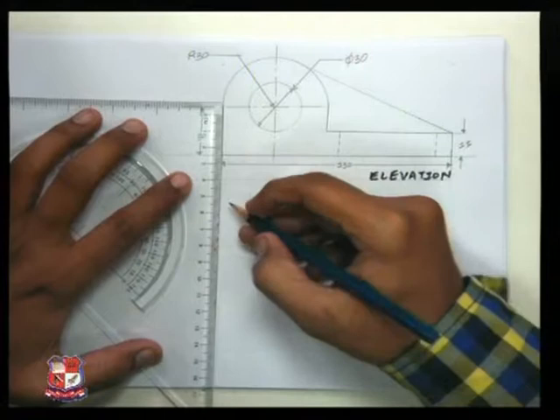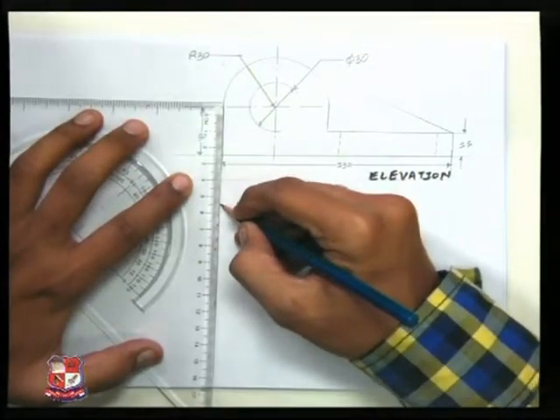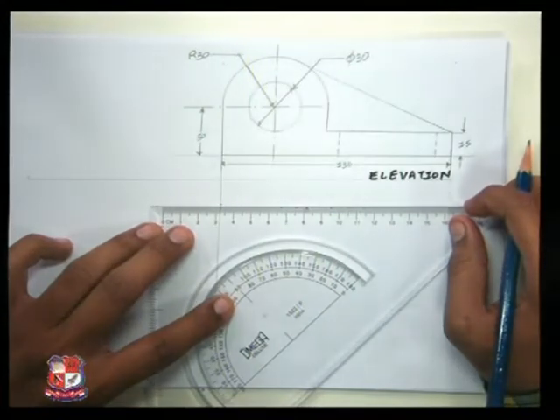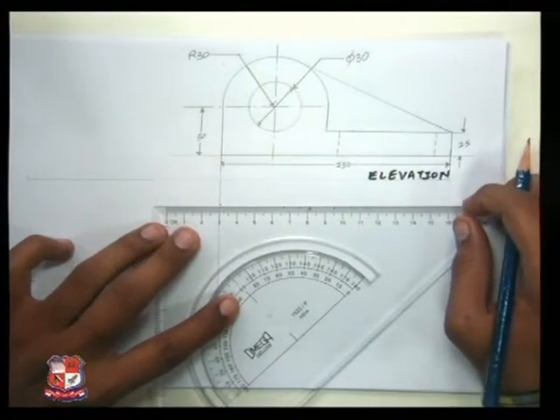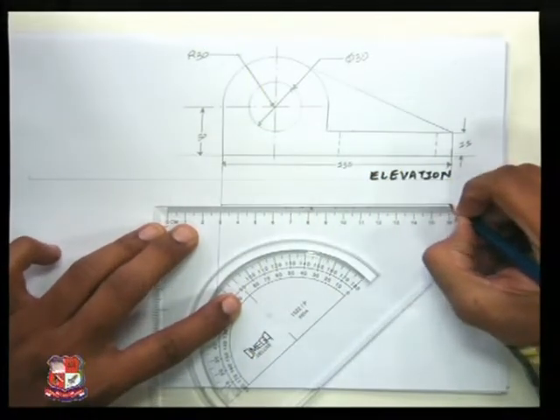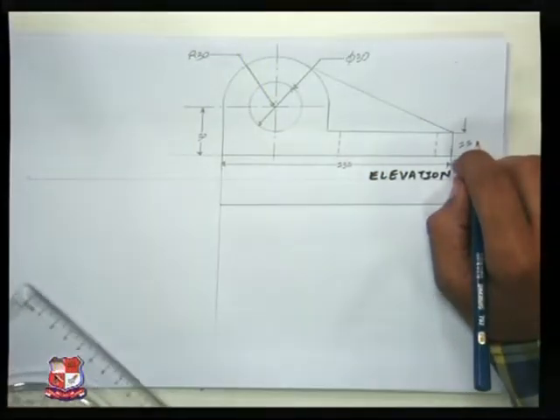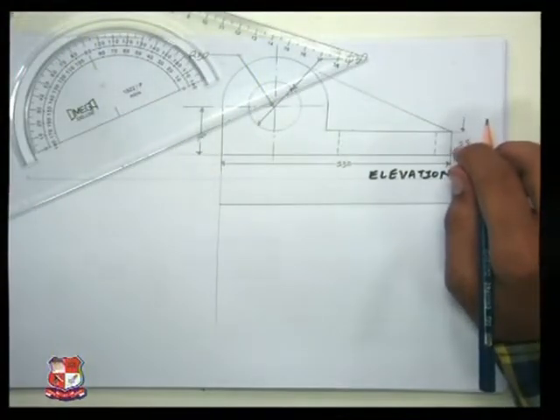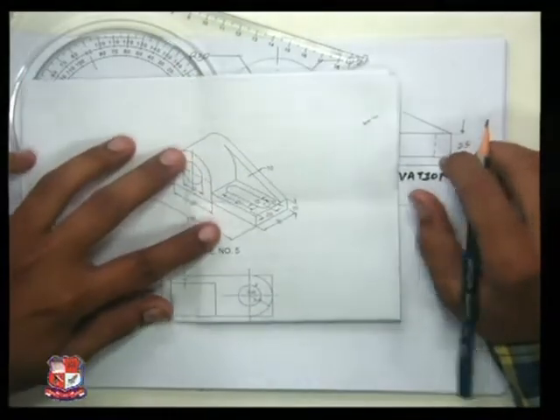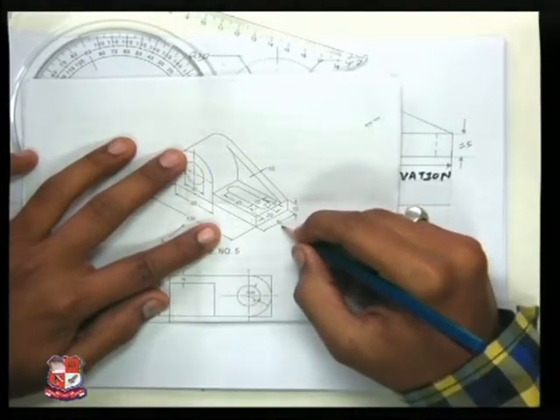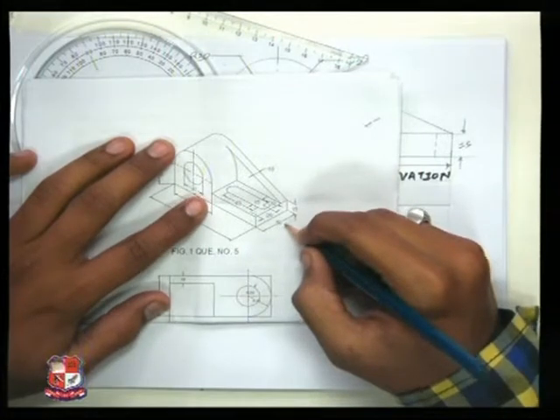Again, take a 15 mm reference point and draw a 130 mm line, which is obtained automatically from the projections itself. Now the total width is given as 50 mm. So we need to draw this 50 mm line.